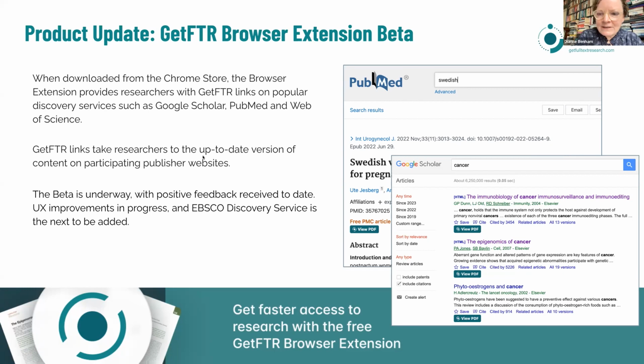So on the right-hand side, you can see examples of Google Scholar search results and a PubMed article page with those GetFTR links, indicating to the researcher that they have access to content, either through their institution subscriptions or because content is freely available. We launched the browser extension beta a few weeks ago, and we're inviting researchers and librarians to participate and provide feedback. And this feedback is important to us as we're continuously improving the service based on suggestions and adding new discovery services all the time.